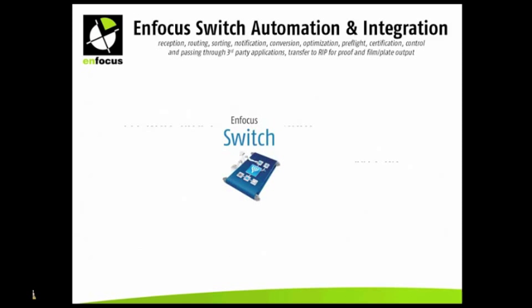Now, how can we visualize Switch in a more visual way? I've attempted to do that. That is, we have our Enfocus Switch solution. There are actually 3 flavors of Switch, and I will talk about that in a minute. The key to Switch is the way it can receive files from various sources. It's very strong when it comes to its inputs.